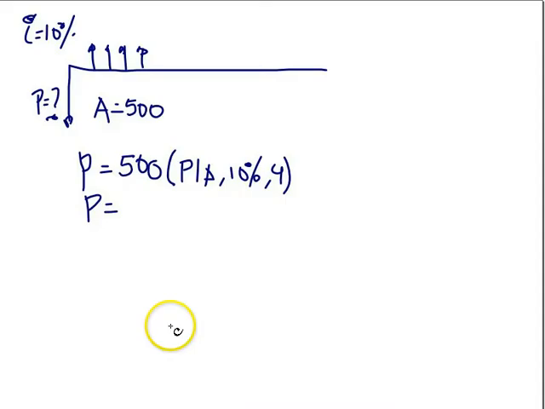Okay, let's consider this example. We have a problem in which we have 4 annuities. Each annuity is $500. Annuities happen at periods 1 through 4. And we can readily compute the present worth that is needed to be invested in order to be able to withdraw these 4 annuities as 500 times P given A, 10%, and 4.